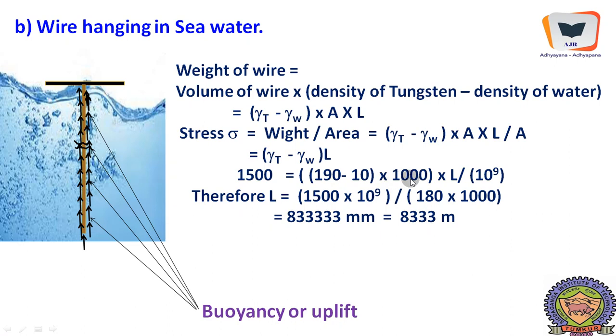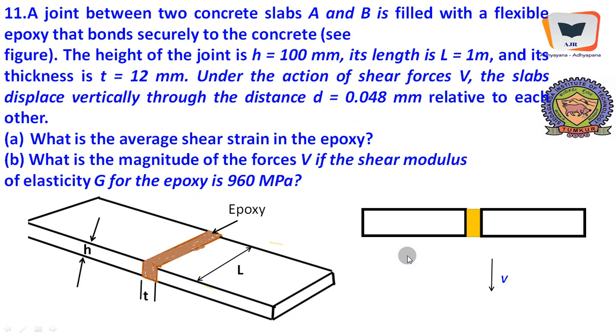It is multiplied by 1000 to make it Newton and divided by 10 to the power of 9 in order to make it Newton per millimeter square, and length remains over here. Upon cross multiplication and upon further simplification, we will get a length of 8333, and of course a huge increase of at least 1000 meters, just because this is immersed in water.